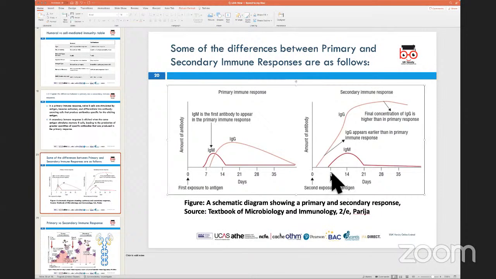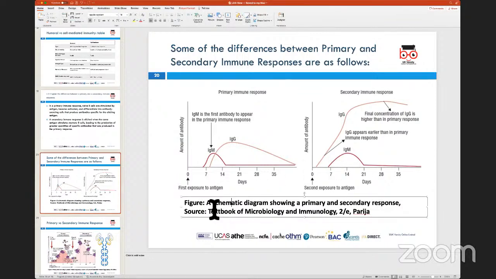Now, in the case of secondary response, what you're going to see generally is that when the body already has the antibodies present, it will primarily look at producing a larger response, and that larger response would then be dealing with the infection at a much quicker pace, because the body is already aware of the pathogen.